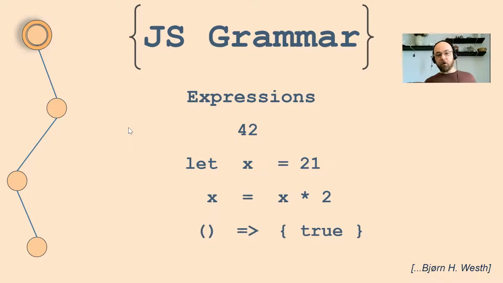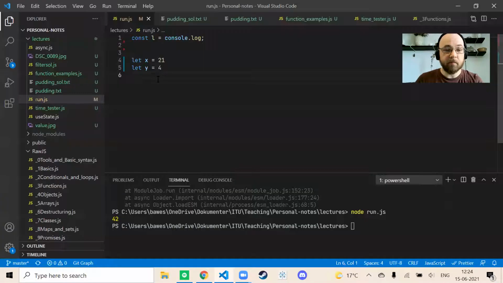An anonymous arrow function that results in true. Is that an expression? 3, 2, 1, go. Yes. Yes. Anyone else? It's also fine to say don't know, as long as I know you're not falling asleep. Okay, so let's try it.